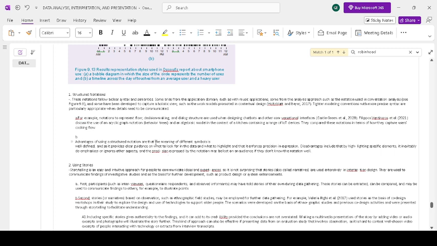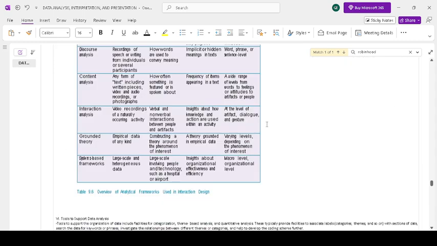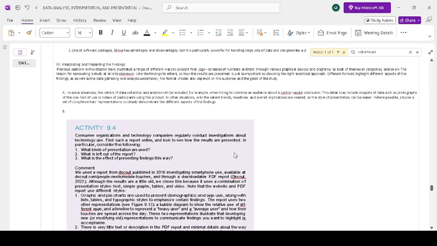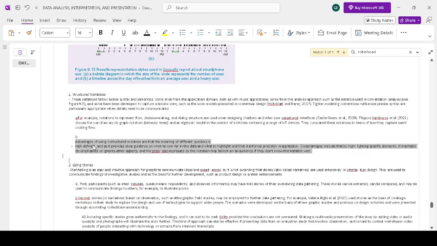Advantages of using structured notation are that the meaning of different symbols is well defined, and so it provides clear guidance on what to look for in the data and what to highlight, and that it enforces precision in expression. So another thing with structured notations like this one is the emphasis of the graph, such as this red, because of our mental model.